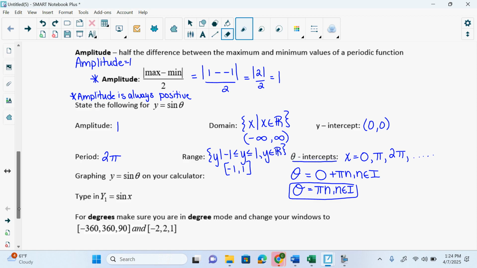All right, so put sine x in y equals. Then you need to immediately go to your mode and pick a mode. So let's pick degrees. And then I want you to go zoom, trig. Not zoom fit, not zoom standard, zoom trig.